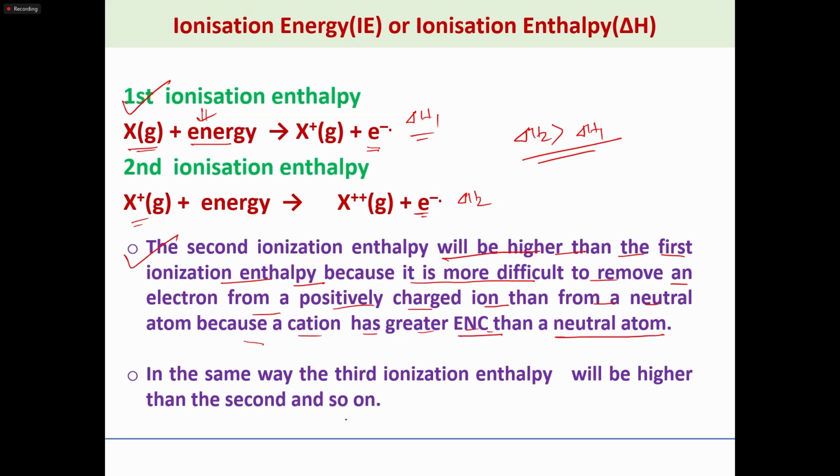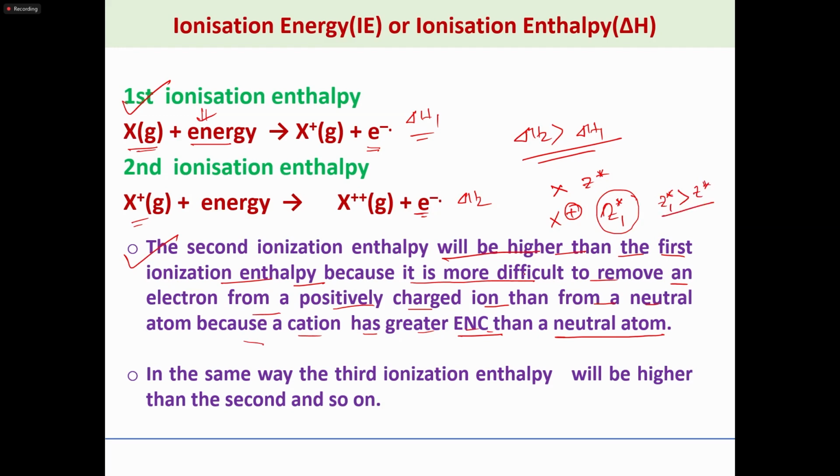This is true. Suppose here is X, this is X plus. So here the Z star and here the Z star 1. So this effective nuclear charge Z star 1 is greater than Z star.